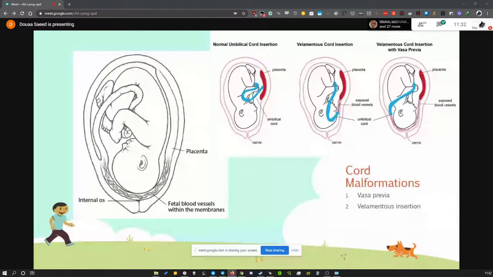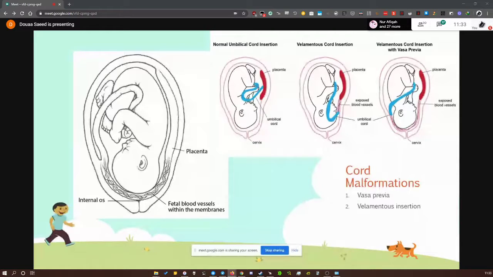So there becomes pressure from the fetal head, and there can actually be bleeding at the internal os. For the velamentous insertion, in the second picture, there's three pictures. The first one is normal, where you can see that the umbilical cord is coming out of the placenta and into the baby. In the second picture, you can see that the cord is actually coming out a little bit away from the placenta.